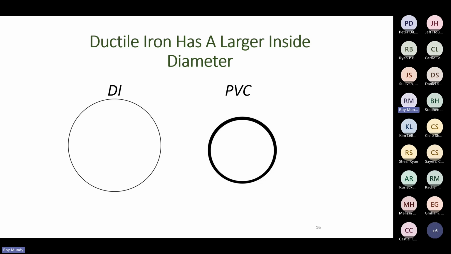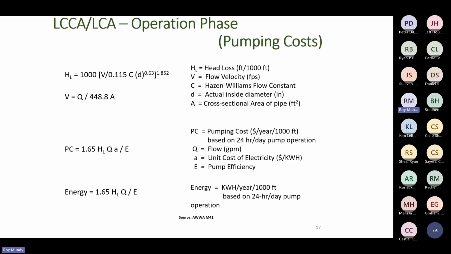i.e., through pumping. So the University of Michigan basically took this concept and, using these particular assumptions that you see on the screen, basically using the Hazen-Williams formula approach, identified head losses per 1,000 foot of pipe, and also identified, obviously, the effect that the larger inside diameter has versus a smaller inside diameter.